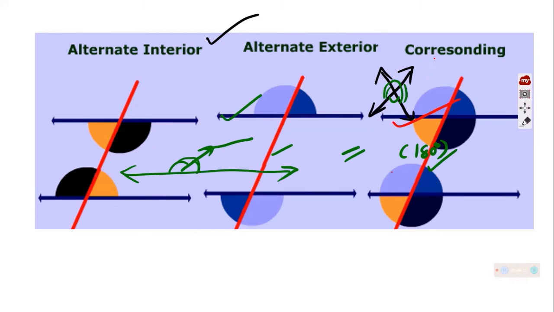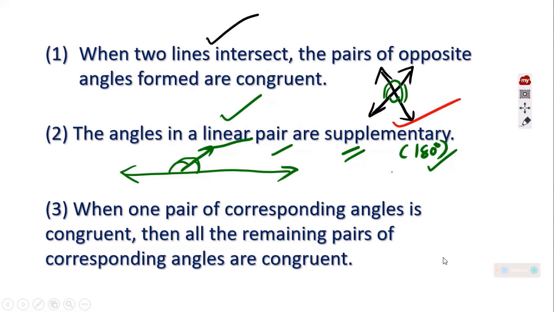Here you have seen the corresponding angles. These are corresponding angles. If one pair of corresponding angles is congruent, then the remaining corresponding angles are also congruent. These are things which we learned earlier, just to recollect that.